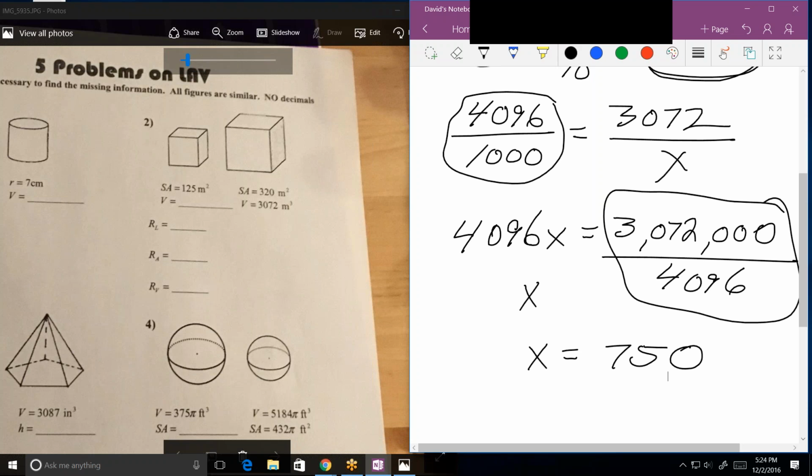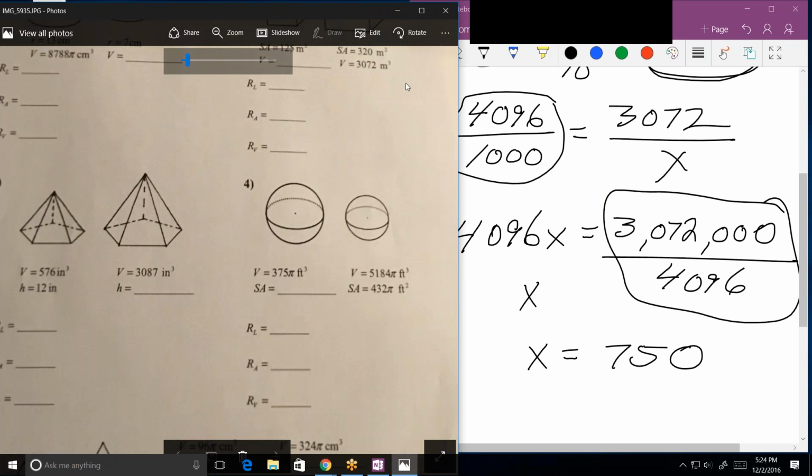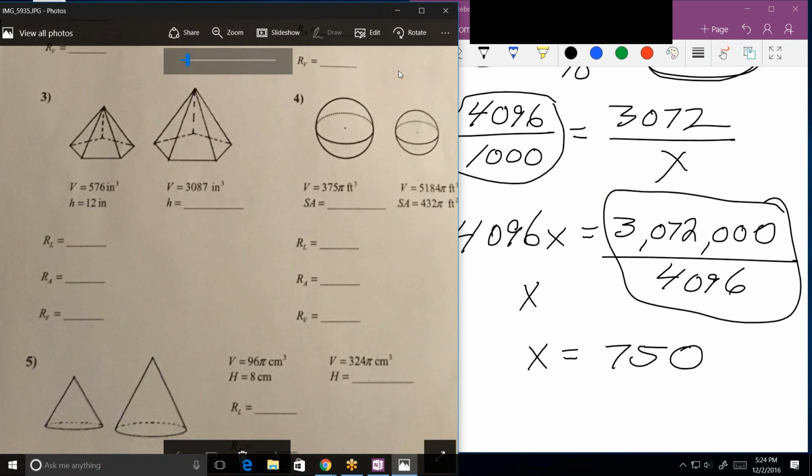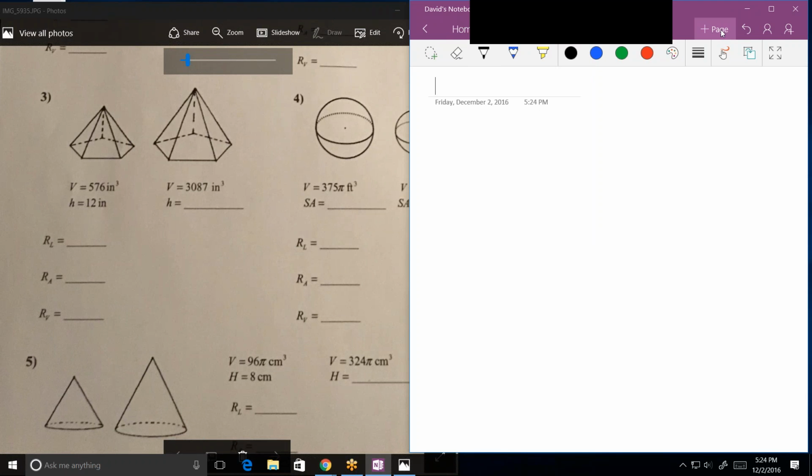All right. All of these are the same once you understand this basic relationship. I love the way he puts all three of them on every problem. On this one, he gives you the volume ratio.